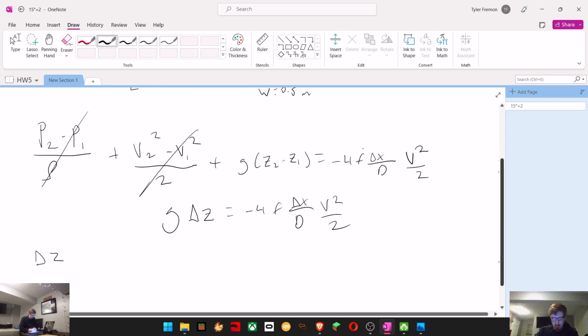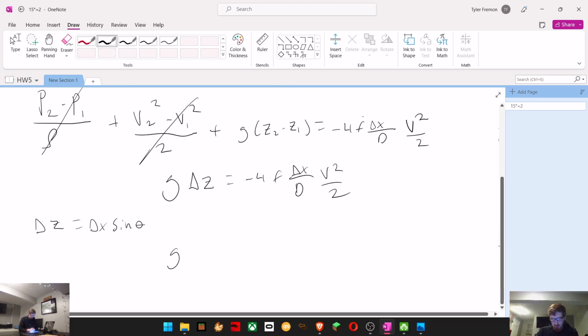And delta z is simply going to be delta x times sine of theta. So we're going to have g delta x times sine of theta equal to negative 4f delta x, and then these delta x's will cancel, so I'll go ahead and rewrite it now.